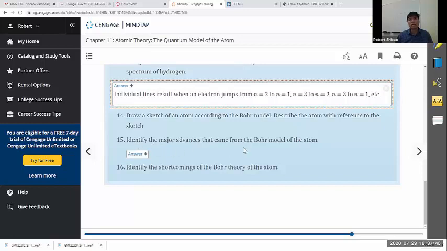Identify the major advances that came from the Bohr model. Major advances was it was able to explain the hydrogen line spectrum. Also talked about quantization, but the Bohr model didn't really talk about why certain orbits are forbidden. In the Bohr model, you just had to accept it as a postulate. Why are those orbits forbidden?